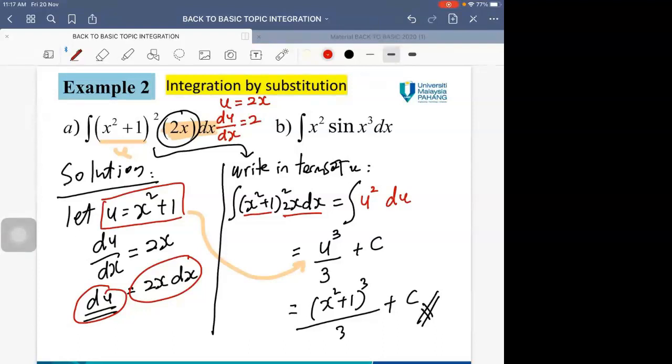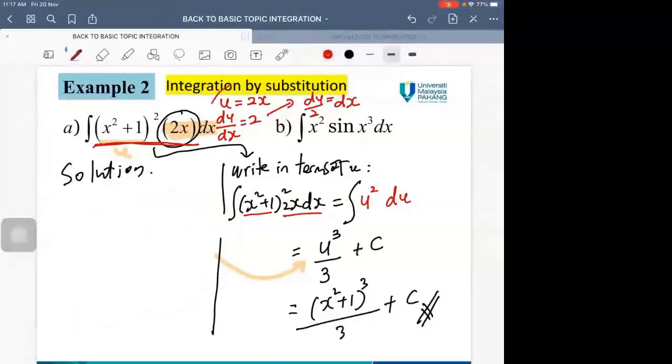If you rewrite this, du over 2 equals dx. So if you substitute back in terms of u, saya padam dekat sini.